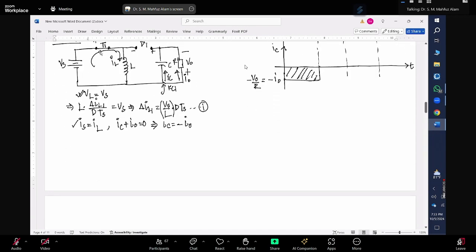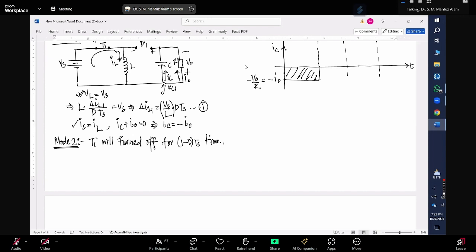Okay. So now, if I want to get the relationship for mode 2, what can we get? For mode 2, T1 will be turned off for 1 minus D multiplied by Ts time.